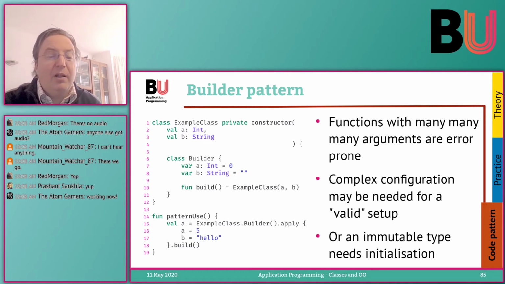But in particular, it handles the case where you have error-prone functions with many arguments, or especially constructors with many arguments. Kotlin makes this slightly less important because you can have named parameters. If you have a number of parameters of the same type and no names, it becomes very easy to not order them correctly.